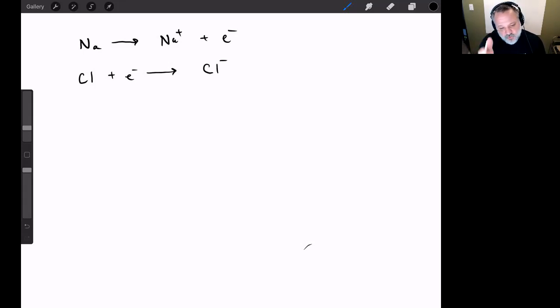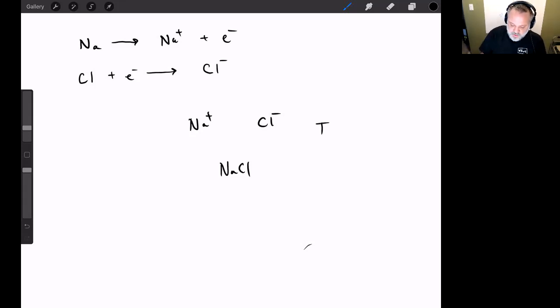Group 1 will form +1 ions, group 17 will form -1 ions, etc. What we want to look at is what happens when a positive ion and a negative ion get together to form a compound.